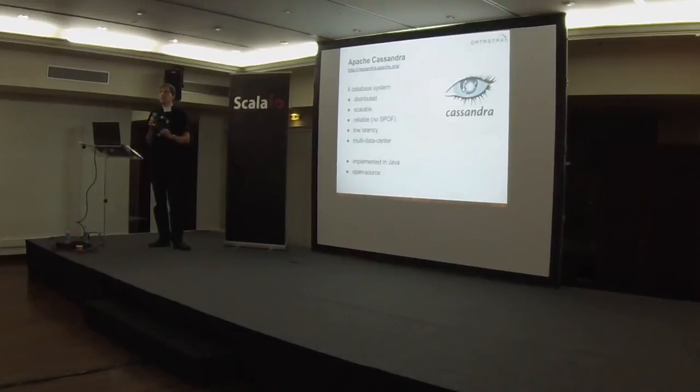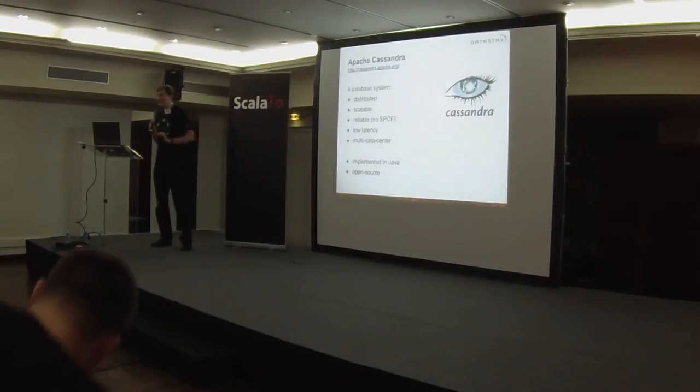The architecture of Cassandra is very simple. There is only one type of node. Everything is symmetric, peer-to-peer. There are no single points of failure. So there's no master-slave, where you have to fail over some master process, and during the failover your cluster is not responding. Not with Cassandra.